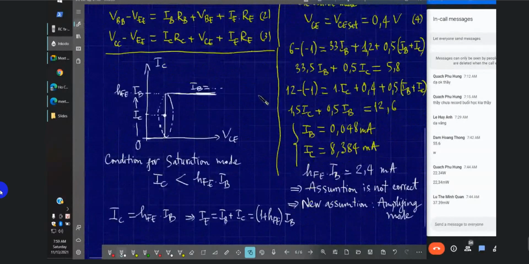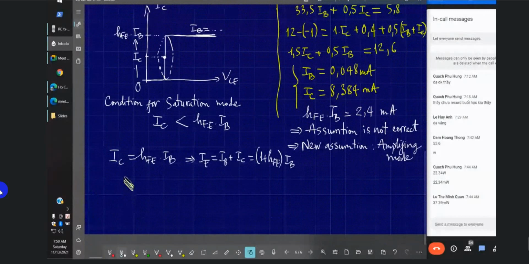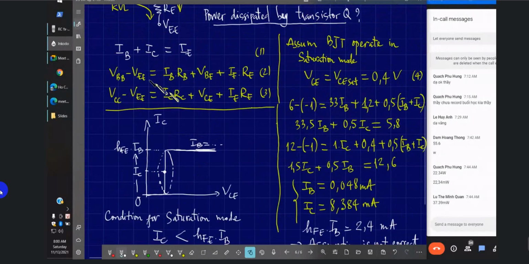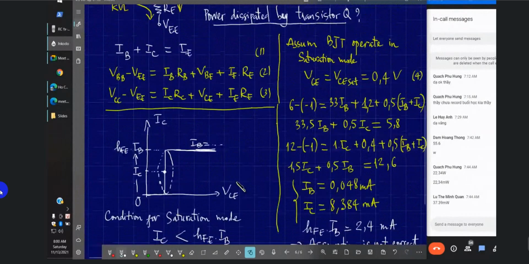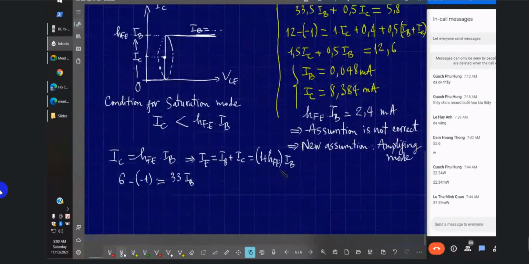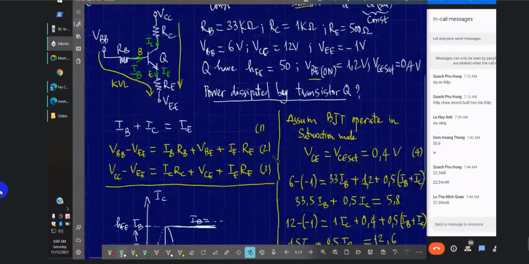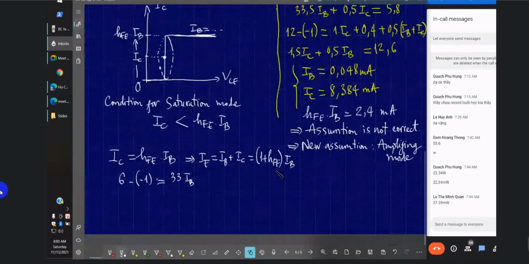So we put it here. It is 6 minus 1, sorry, equal to what? RB is 33. And then VBE is 1.2.